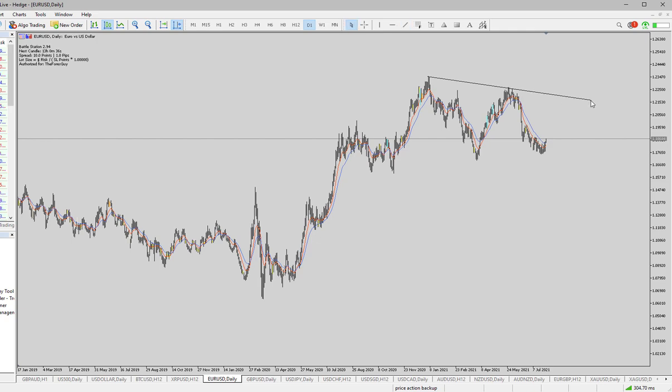Now, remember when I said you would want at least 3 tests of a trend line before you would consider that a valid trend line. When we're mapping out a squeeze pattern, it's a little different. Here I'm mapping out based off 2 points. Now we could say that I just contradicted myself, but I'm not mapping out a trend line.